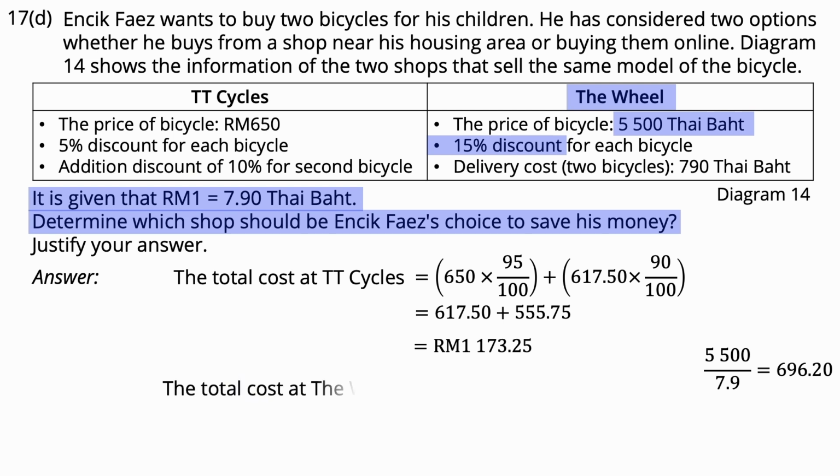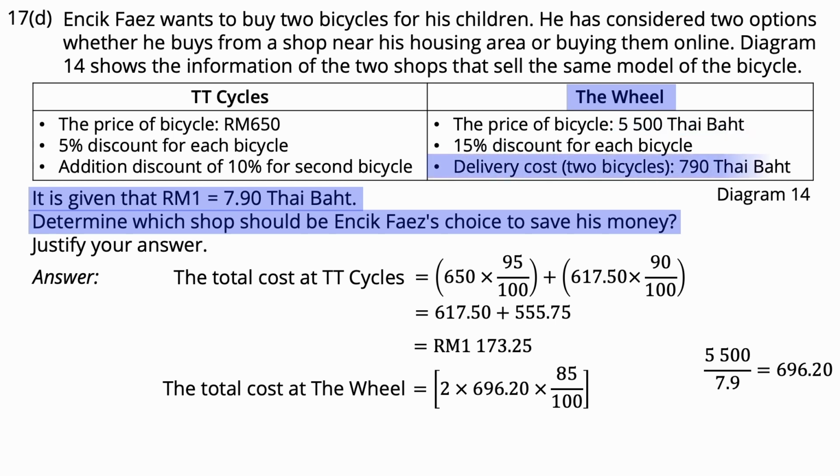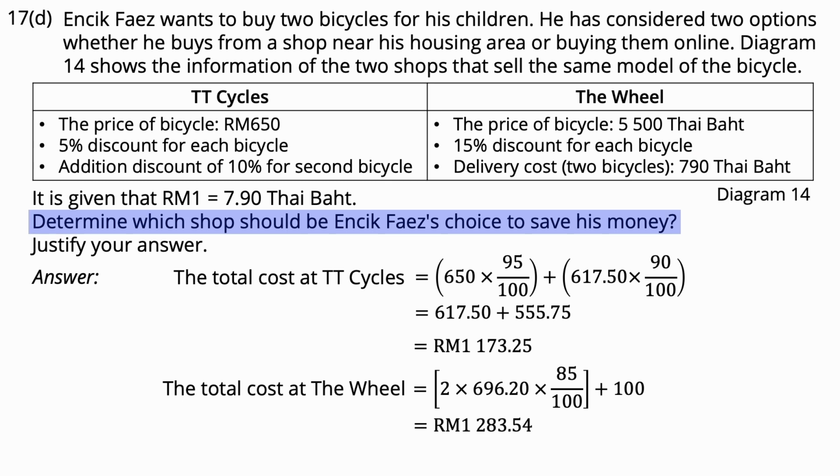So the total cost of the 2 bicycles at The Wheel shop is 2 times 696.20 times 85%. There's also a delivery fee of 790 Thai baht. Convert that to ringgit Malaysia. 790 divided by 7.90 equals 100. Sum up to 1,283.54 ringgit Malaysia.